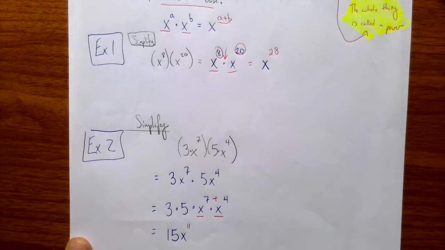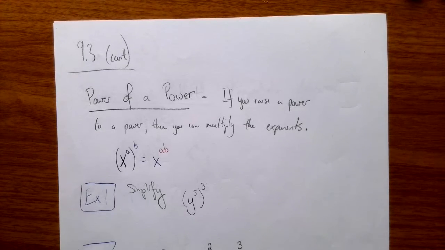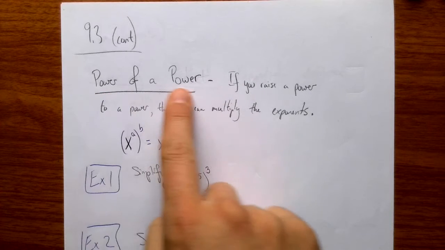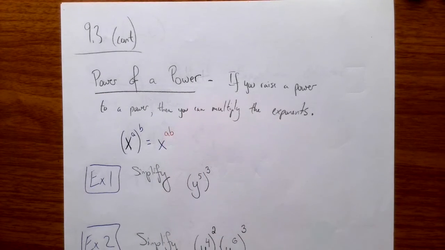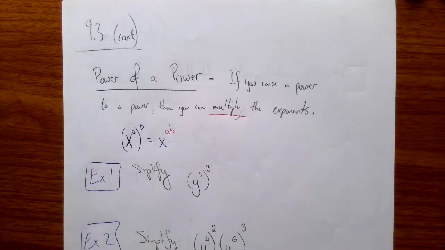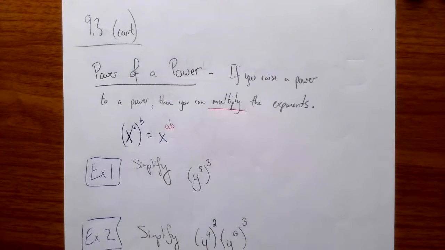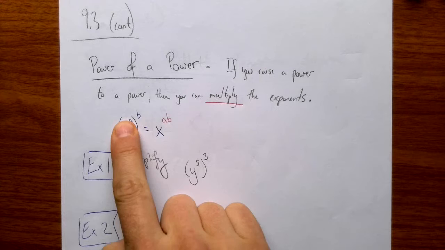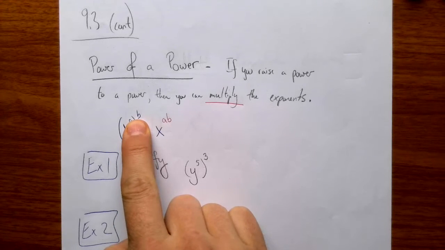Moving on to the next property, we have what's called a power of a power. If you raise a power to another power, then you're going to multiply the exponents. So here we have x to the power of a, and that whole thing being raised to the power of b.